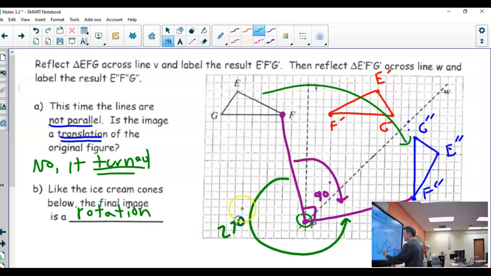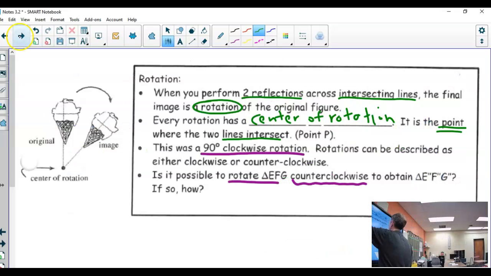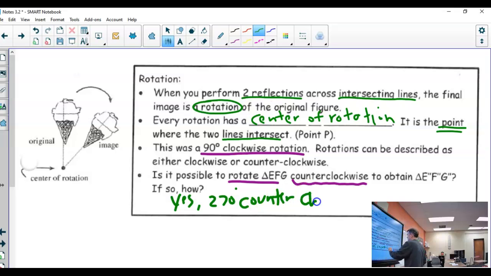That would be 270 degrees the other direction, and I would end up in the same spot. So the answer is yes, 270 degrees counterclockwise would equal 90 degrees clockwise. I think that's enough about rotations for the moment.